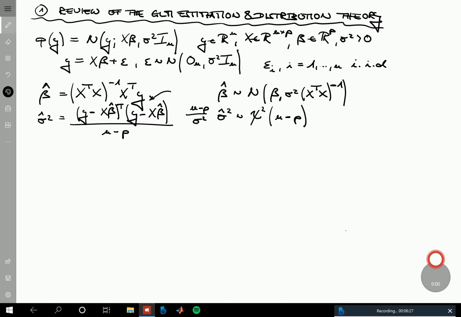And then finally what we looked at was the t-statistic, which for a given contrast weight vector merges the beta and variance parameter estimators in the following way.